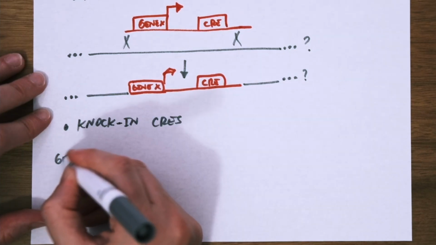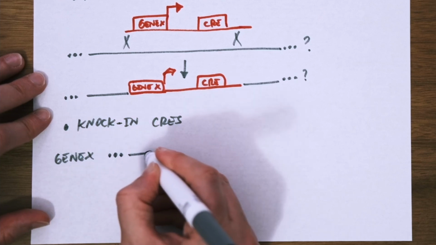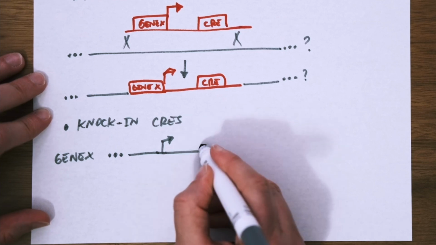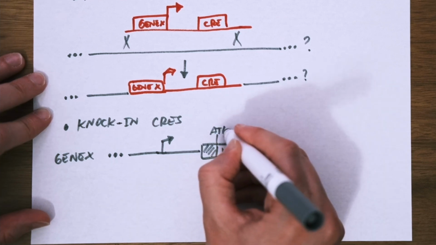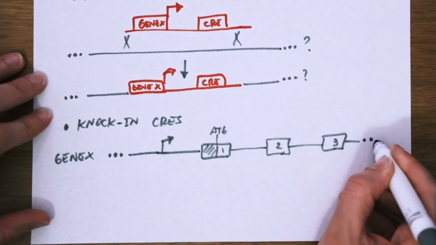In this case, we were working on the gene X locus, and we will have a typical genome structure: promoter, followed by exon 1 that has probably ATG there, then exon 2, exon 3, and the rest of the gene.